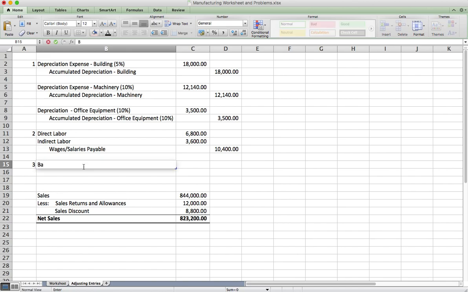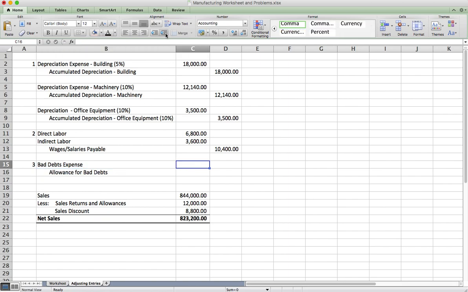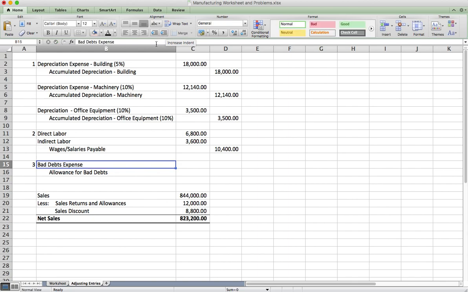Debit, bad debts expense. Credit, allowance for bad debts. 1/2 of 1% of 823,200. Para hindi nyo malimutan.